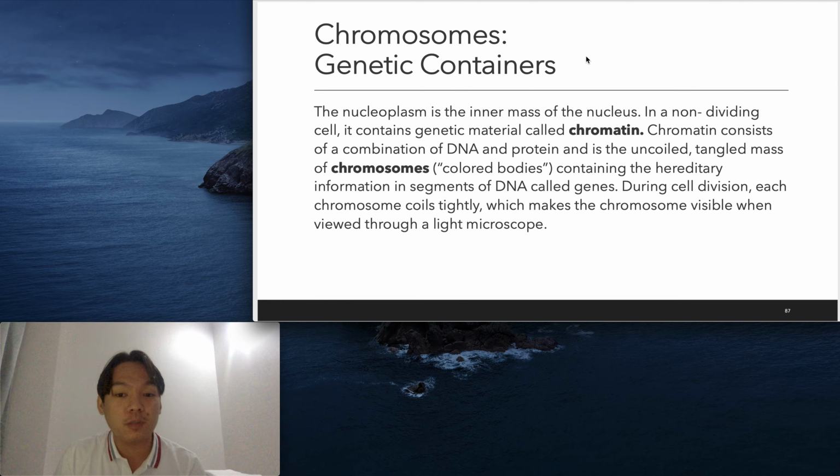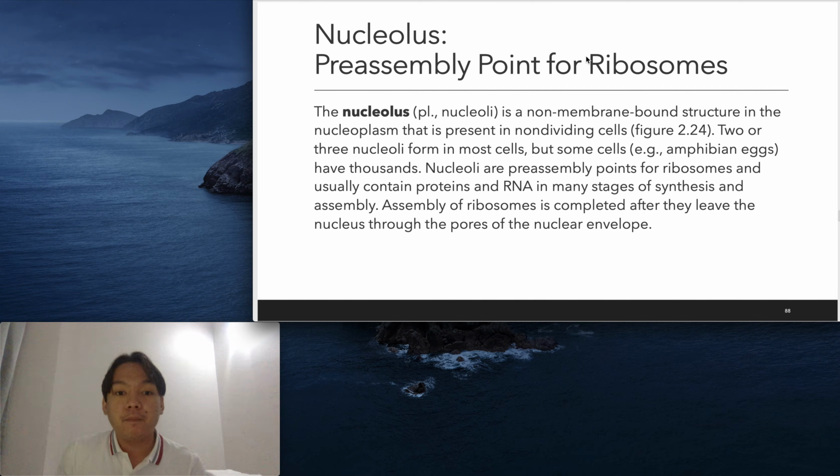We call them chromosomes, or colored bodies, because scientists once discovered them under the microscope with this coloring. They contain DNA that houses the genes, and during cell division, the chromosomes coil tightly, making them visible when viewed in a light microscope.